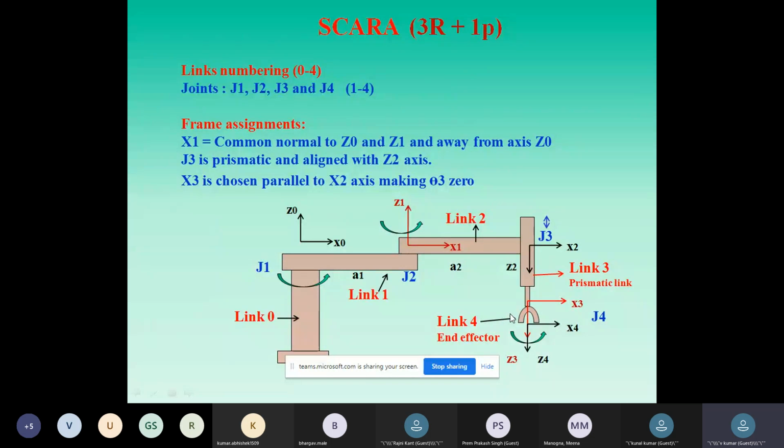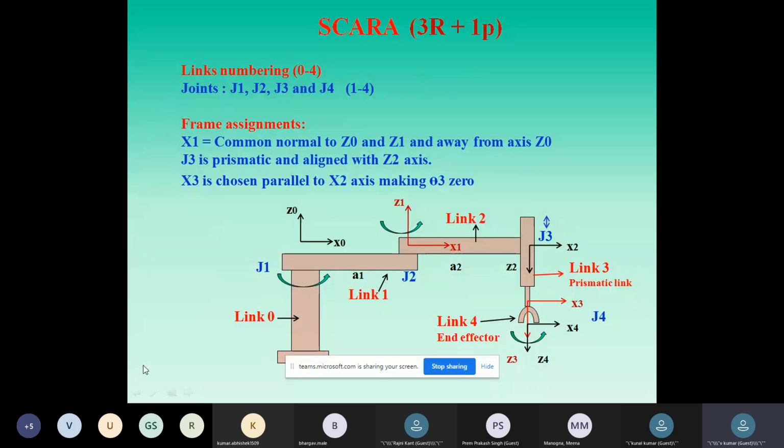This is link 4. And how many joints are there? J1, joint 1, J2, joint 2, J3 is prismatic, and Z4 is rotation about this. Here you see J4. We have numbered the links and the joints, and now attach the frames.